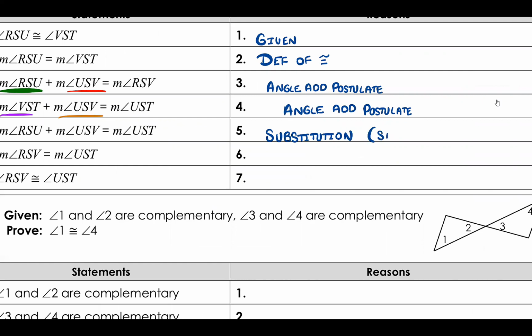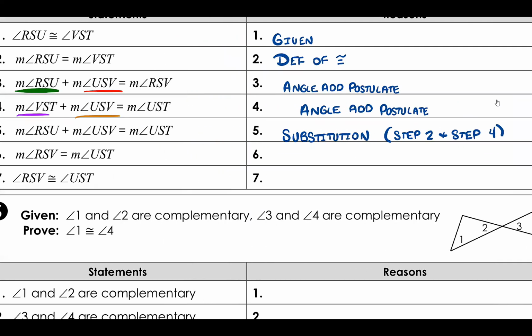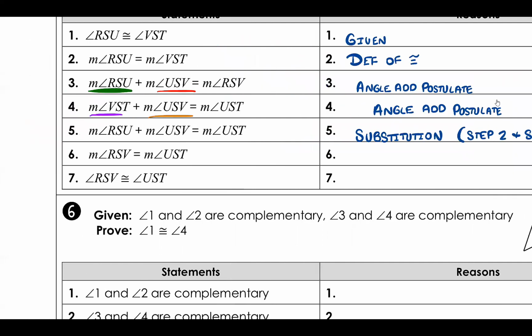Step 2 and step 4. We're substituting. So who got substituted? RSU was replaced by VST because of step 4. Man, look at y'all. That's awesome.